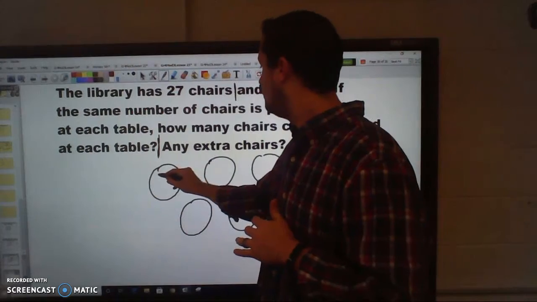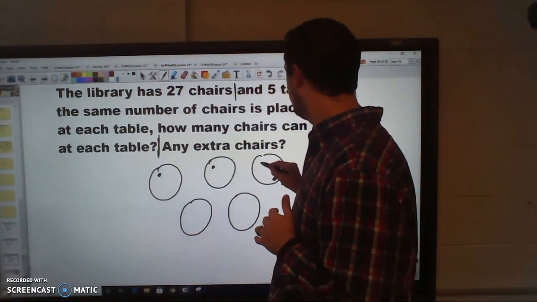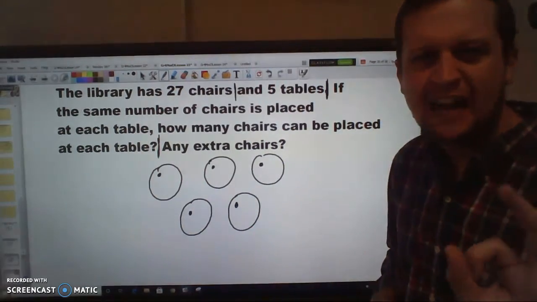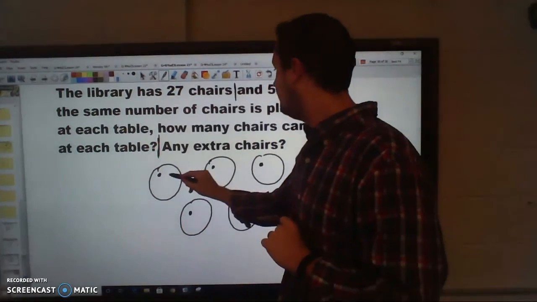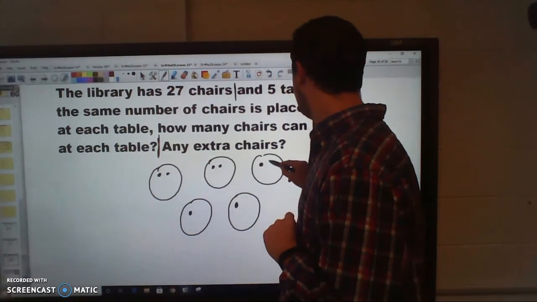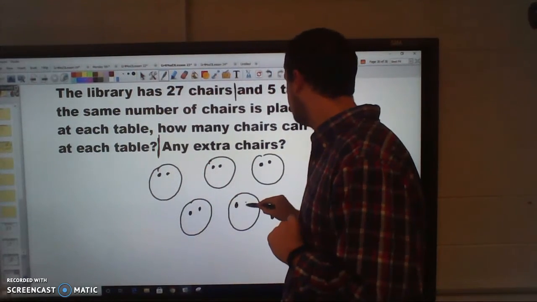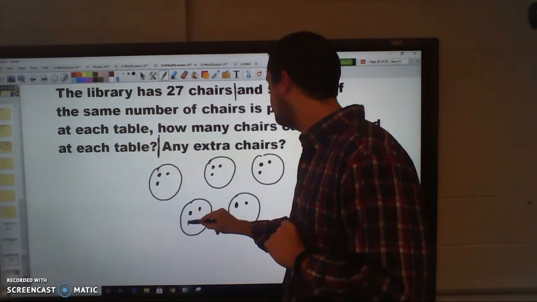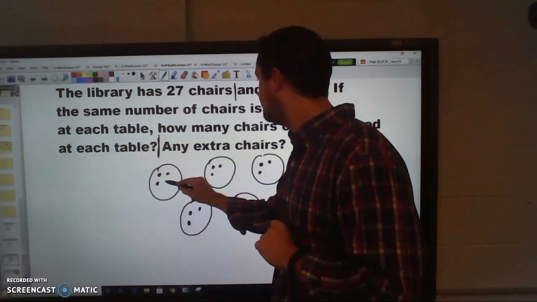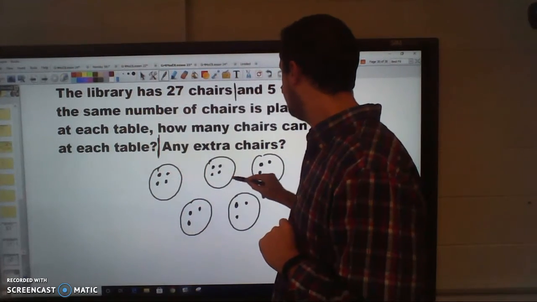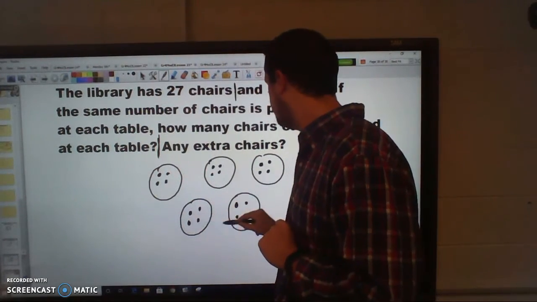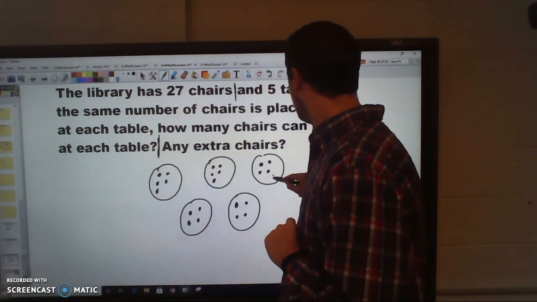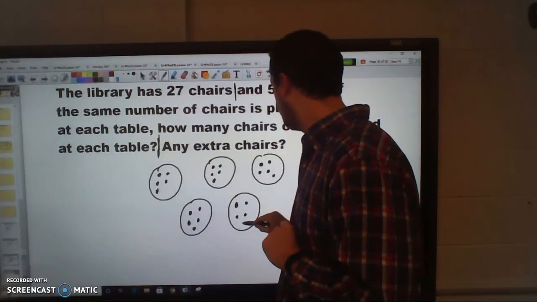So 1, 2, 3, 4, 5. Those little black dots are the chairs. 5, 6, 7, 8, 9, 10, 11, 12, 13, 14, 15, 16, 17, 18, 19, 20, 21, 22, 23, 24, 25.